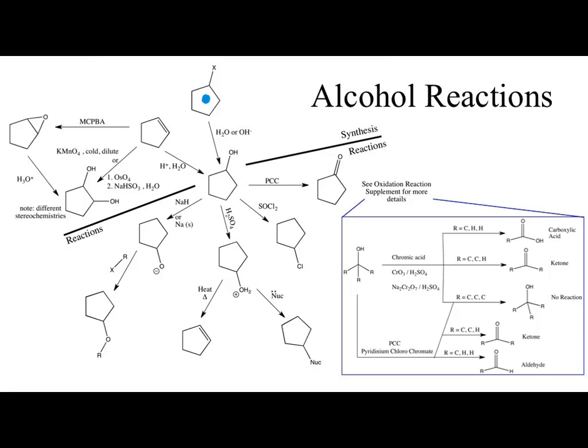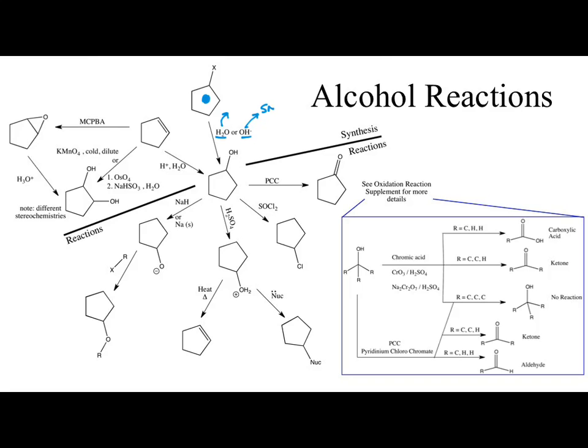Alkyl halides can react with water or a strong base to generate water or hydroxide to generate our alcohol. And what type of a reaction? Substitution. Water would be which mechanism? Hydroxide would be which mechanism? SN2.